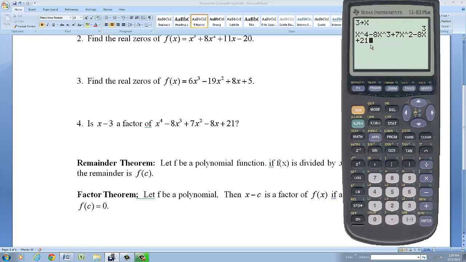Let me double check. x to the 4th minus 8x to the 3rd plus 7x squared minus 8x plus 21. So hit enter, and I get negative 75.